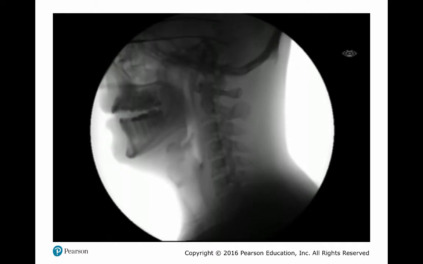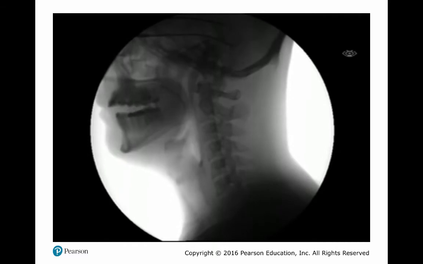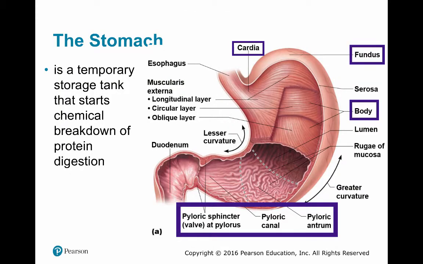You can see everything moving there. So that kind of gave you an idea of what it looked like.